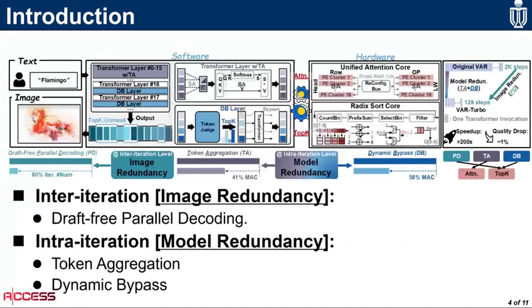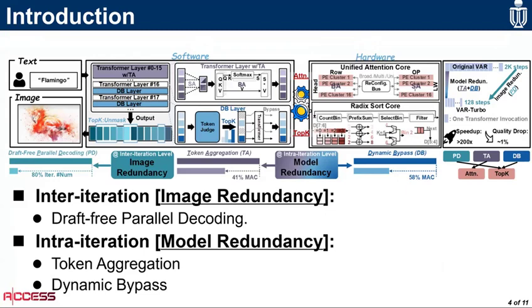To minimize the prohibitively long generation latency posed by VAR models, we propose our work, VAR-Turbo, which features three algorithmic innovations aiming at reducing the computational costs of VAR models. First, at the inter-iteration level, by leveraging the image redundancy, we propose draft-free parallel decoding.